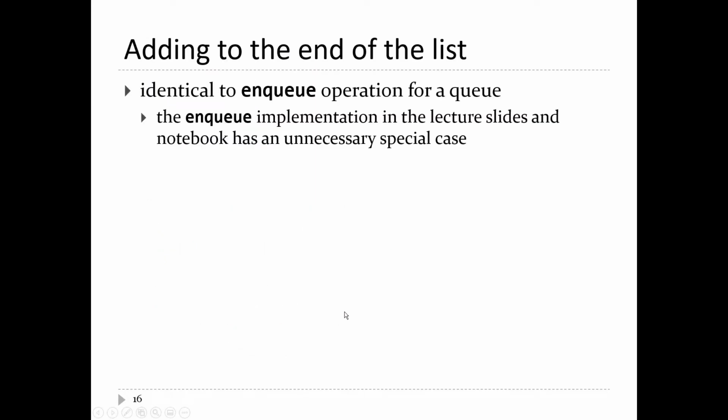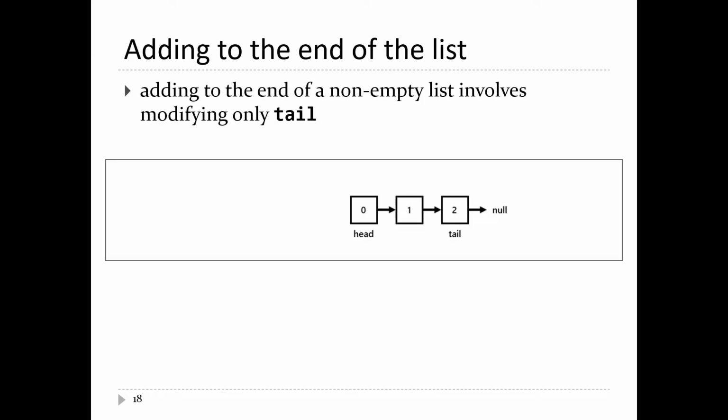If we want to add an element to the end of the list, then that's identical to enqueuing an element onto a queue. Adding to the end of the list, normally you only adjust the tail node.